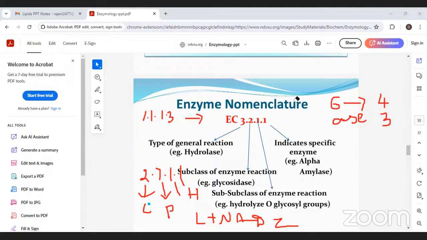This is the total nomenclature of the enzyme.